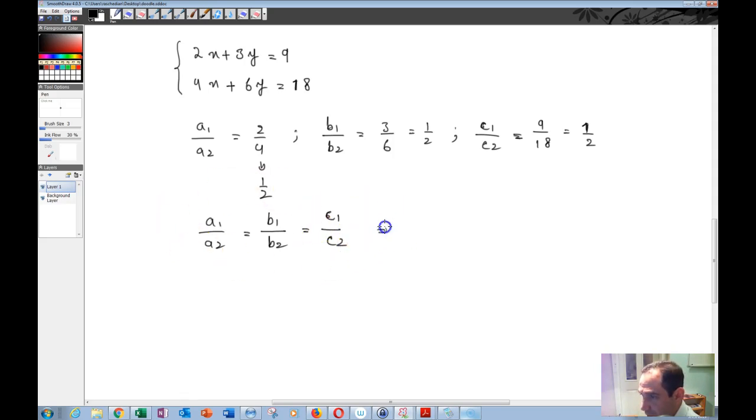And so that means that you have a pair of coincident lines, meaning that the lines are equivalent.